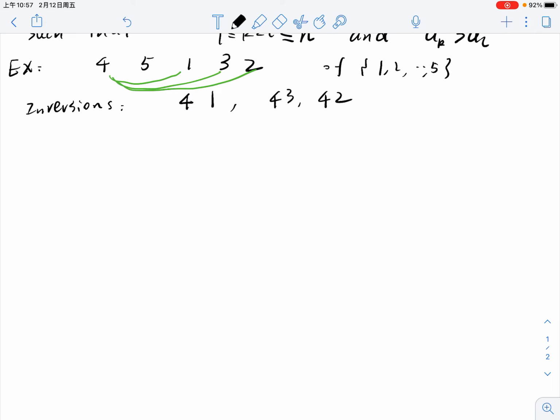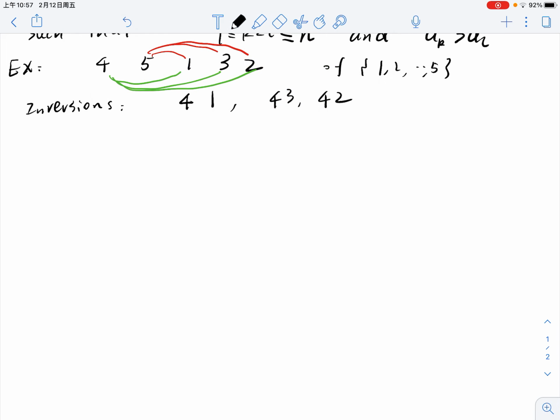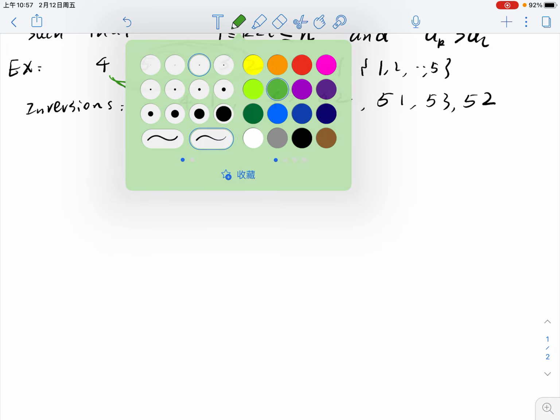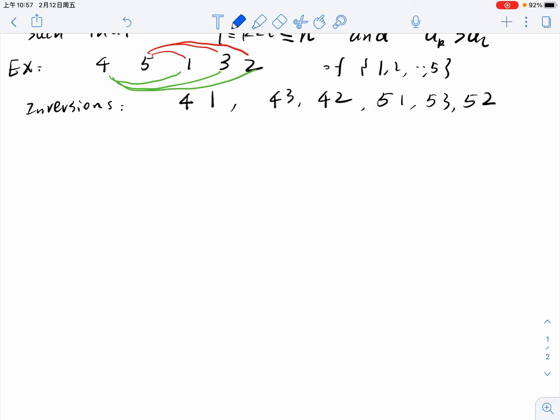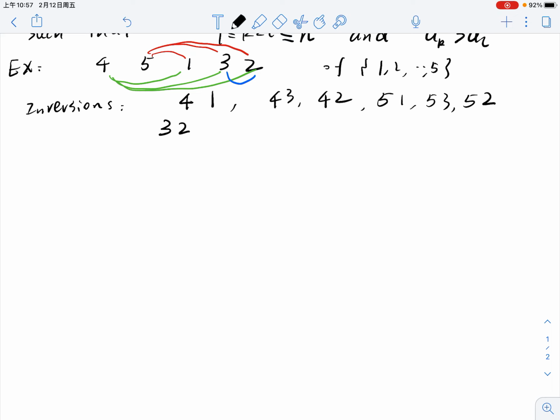And then for 5, you have all the possibilities: 5, 1, 5, 3, 5, 2. And then for 1, you don't have any. And for 3, you have 3, 2. So the total number of inversions is 1, 2, 3, 4, 5, 6, 7.